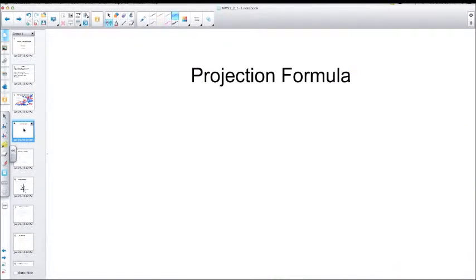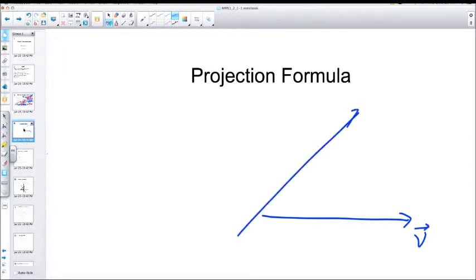I'm going to use this right away to look at the projection. If I have a v vector here, that's my v, and I have an x vector here. What I'm interested in is, you think about the light that comes from the top, and then the shadow of this vector will be here along the v direction.